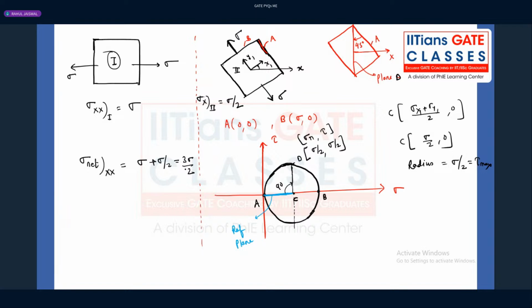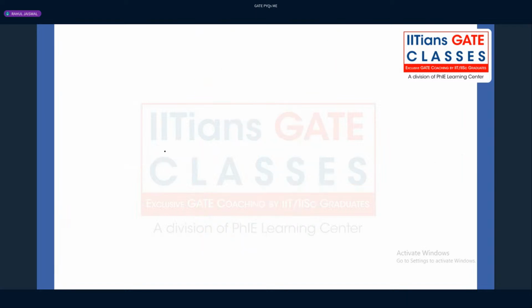Right, so this is the Mohr circle method, guys. You can also get the same answer for configuration 2 by the analytical method. Now understand.